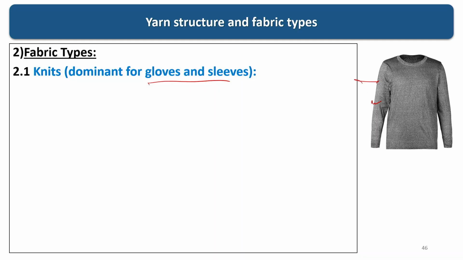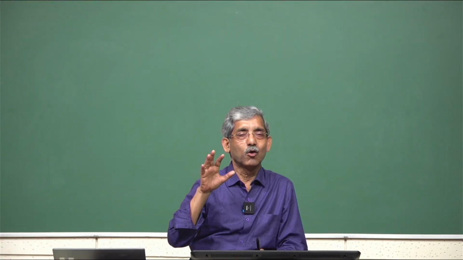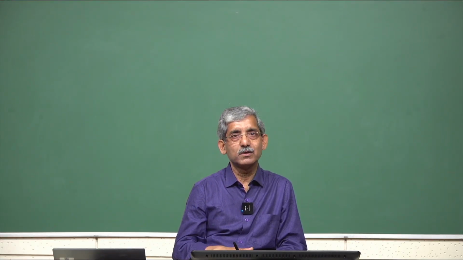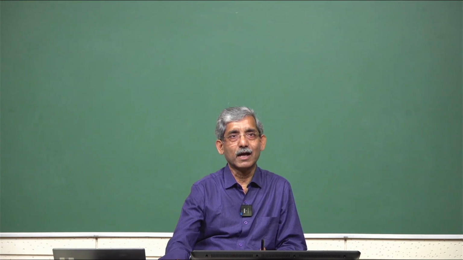Even gloves, if we made them from woven fabric, due to the lower stretchability, would not be comfortable and would restrict finger movement. But in some applications, not cut resistance, we can use woven gloves for different applications.